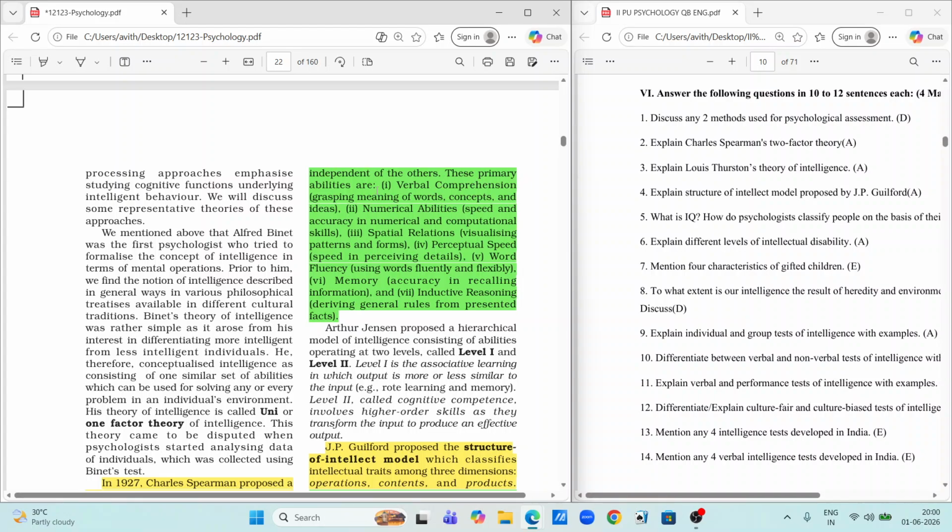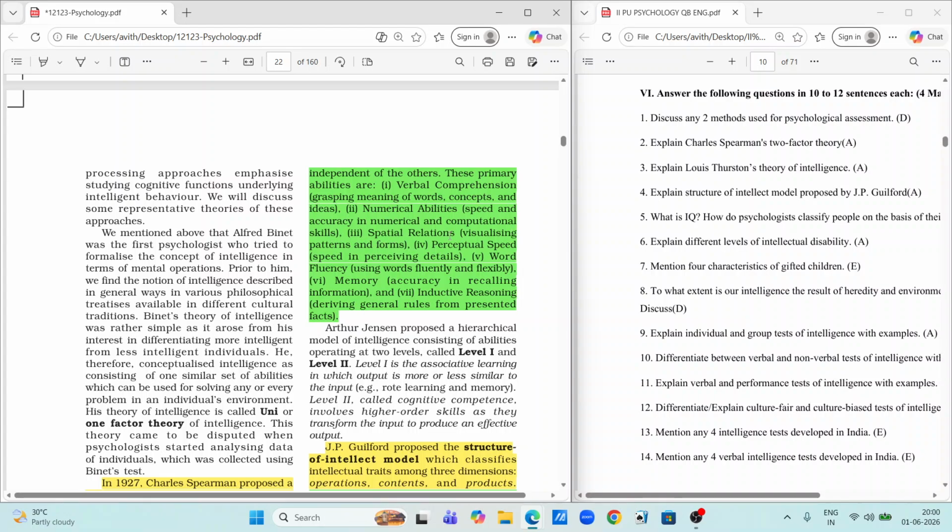These primary abilities are verbal comprehension. Verbal comprehension means grasping meaning of words, concepts, and ideas. Second one is numerical abilities, which means speed and accuracy in numerical and computational skills.